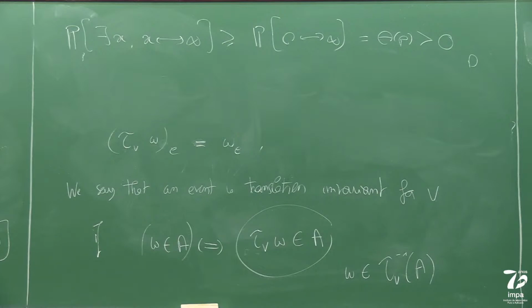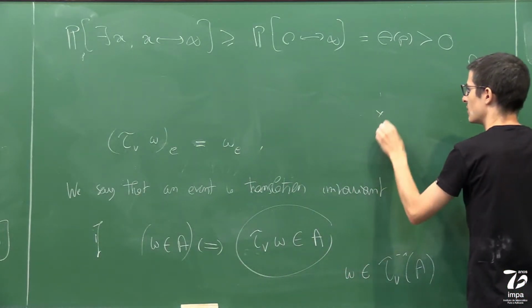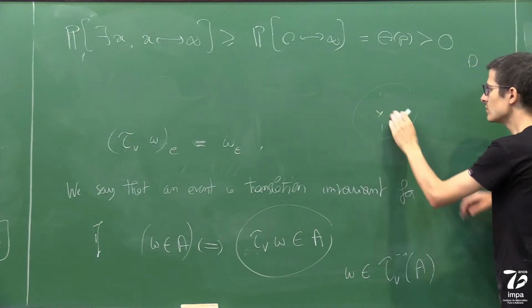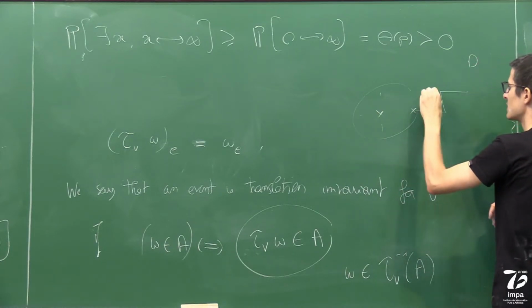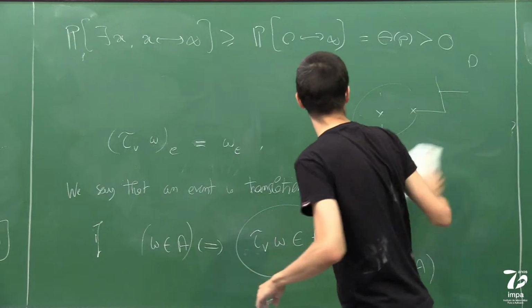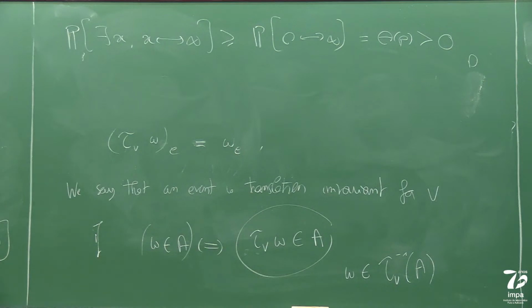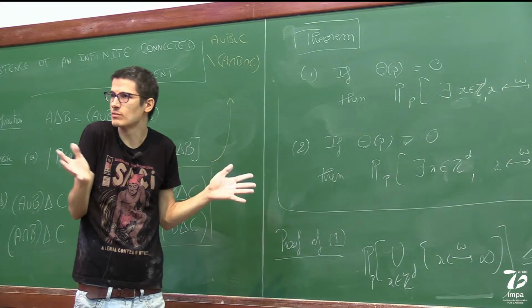X is connected to infinity is not translation invariant, because if you take the translation of this event, what you get is x plus v is connected to infinity. And these are two different things. For instance, you can have a configuration where all the edges around 0 are closed, but one of the neighbors is connected to infinity. So yes, basically when theta p is larger than 0, there will be some vertices connected to infinity and some vertices that are not.